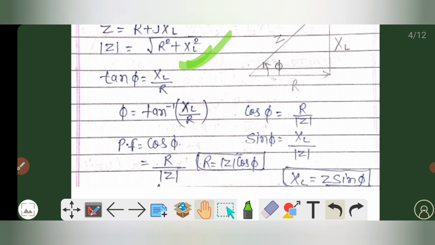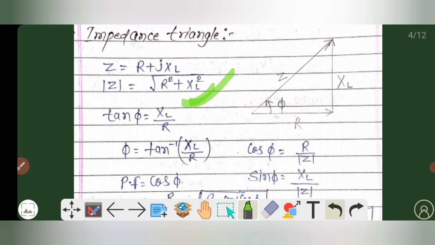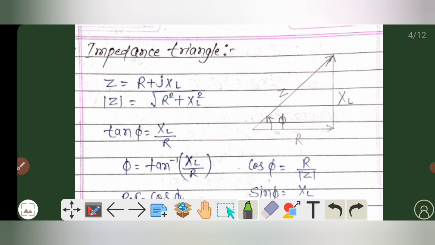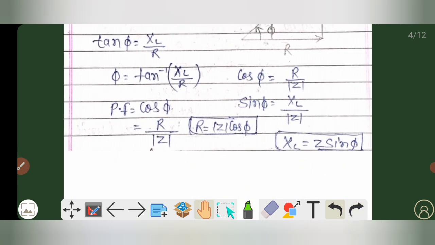Now my dear friends, if you want to calculate the value of tan phi, as you can see from this figure, tan phi equals XL by R. And if you want to calculate the value of phi, that equals tan inverse XL by R. If you want to calculate cos phi, that is the power factor, it comes out to be R by Z. And if you want to calculate the value of R, that equals Z into cos phi. If you want to calculate the value of sin phi, it comes out to be XL by Z, and the value of XL comes out to be Z into sin phi.